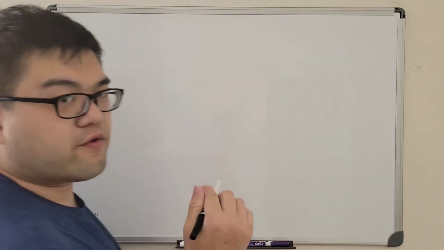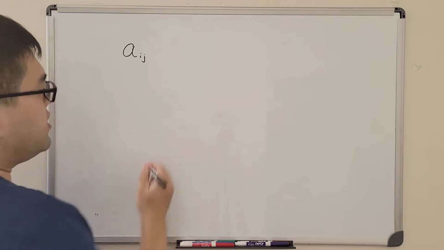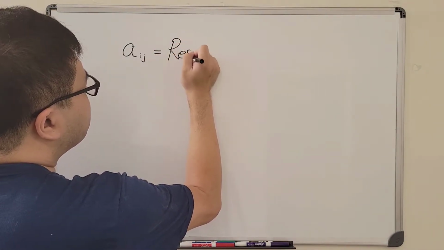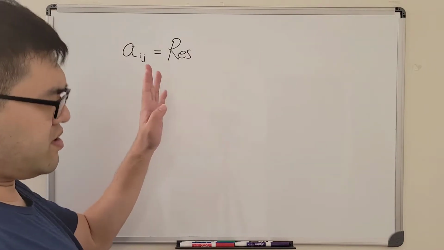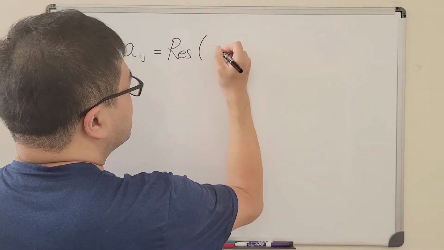For the coefficients a_ij, we can find the number by the residue of the following.